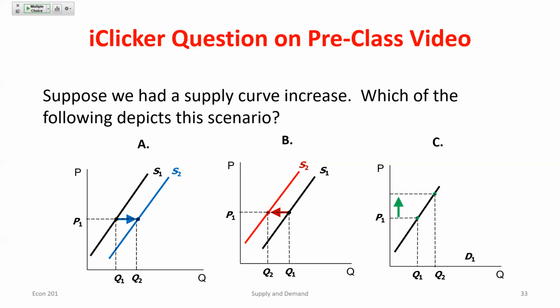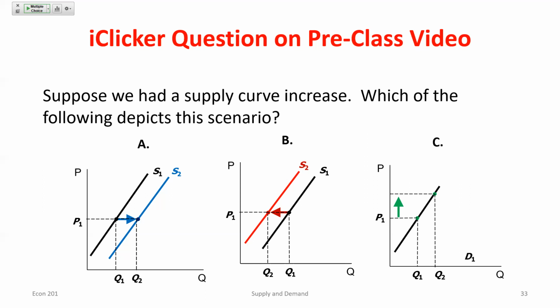So, an example I actually did in the video. But if we think about it, we've got some supply curve, right? Now it's kind of price equals marginal cost. Remember, it reflects marginal cost. A supply curve increase, kind of like demand increases, means that at any given price, there's now a higher quantity willing to be supplied.